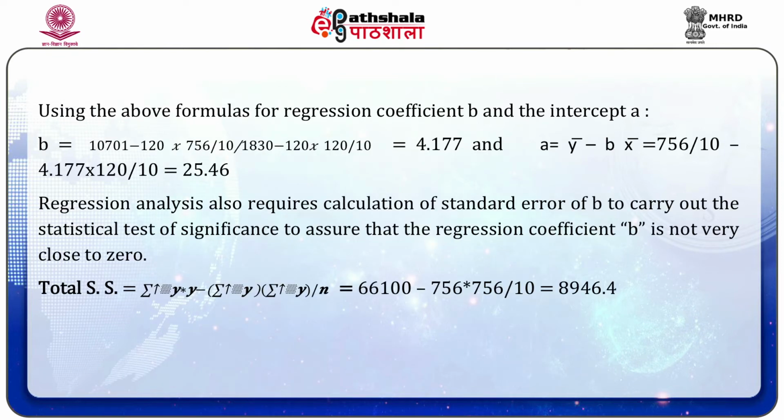Using the above formulas for regression coefficient b and the intercept a, b is equal to (10,701 minus 120 into 756 upon 10) upon (1830 minus 120 into 120 upon 10), which is equal to 4.177, and a is equal to y bar minus b x bar, which is equal to 756 upon 10 minus 4.177 into 120 upon 10, which is equal to 25.46.